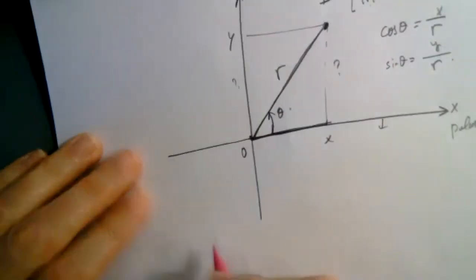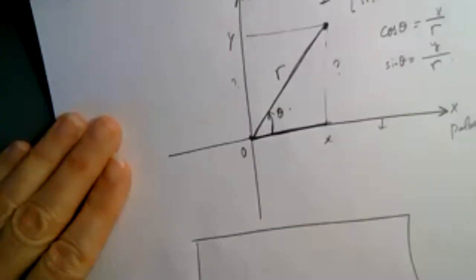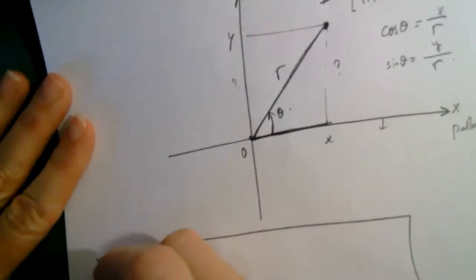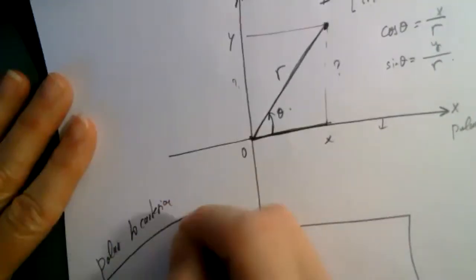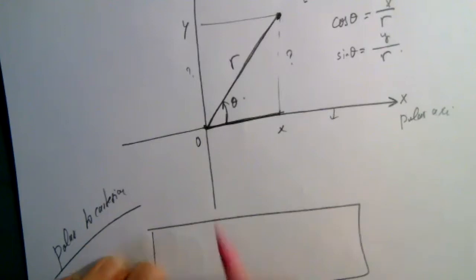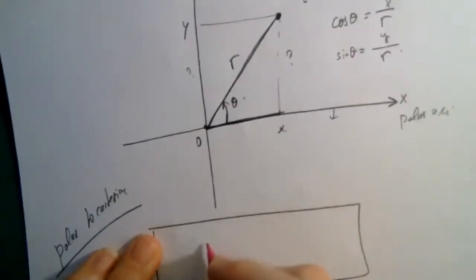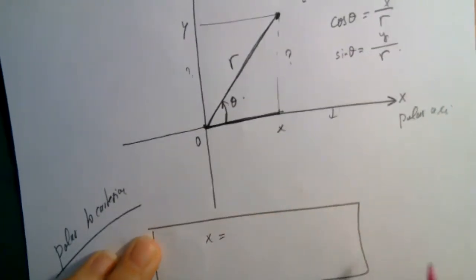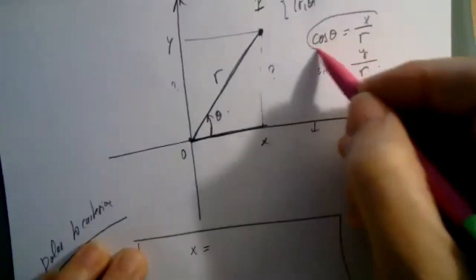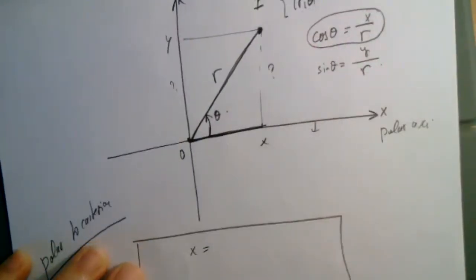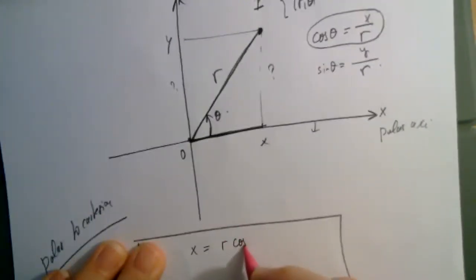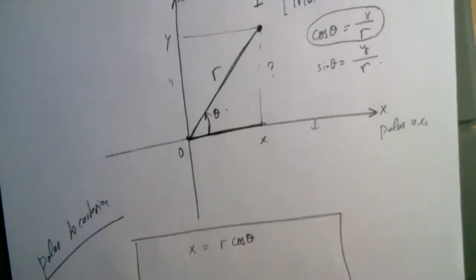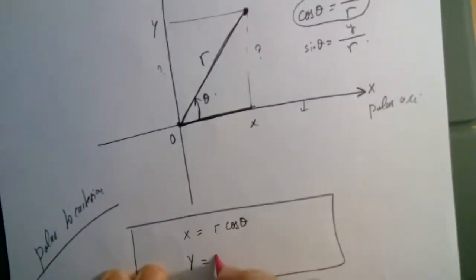From this, we found the following relationship, from polar to Cartesian. If you ever forget it, we can come up with it in a simple scenario. So x is r cosine theta, and y is r sine theta.